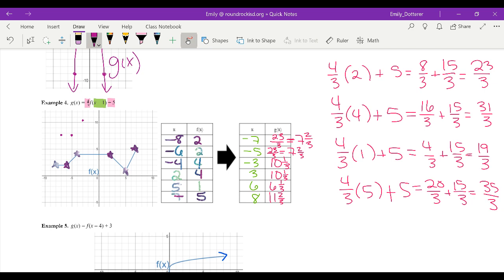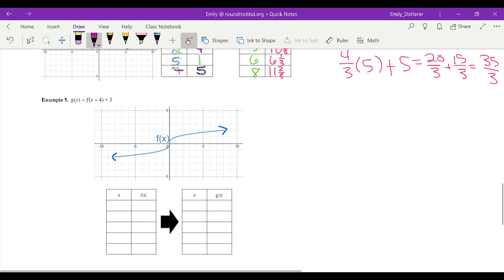And 3, it's 10 1/3. 6 and 6 1/3 here, and then 8 and 11 and 2/3. Label it g of x, and there we go.